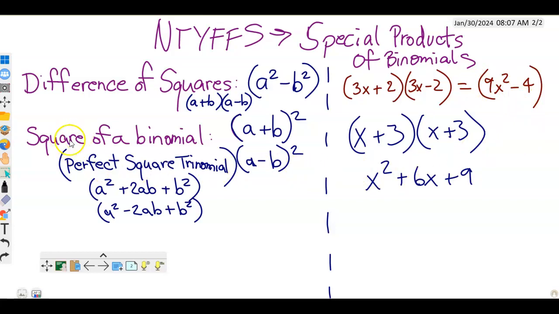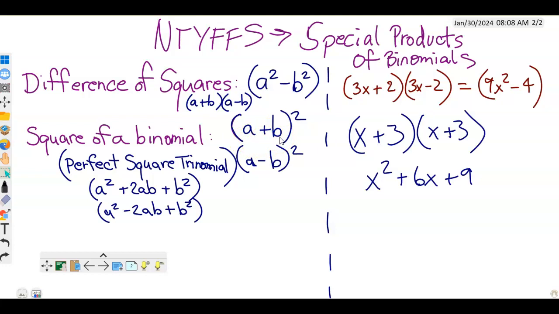The other special product that we learn about in Algebra 1 is the square of a binomial. This is a very important structure to the quadratic unit in Algebra 1. A plus B quantity squared. Now mind you, what that means is A plus B in parentheses times A plus B in parentheses.